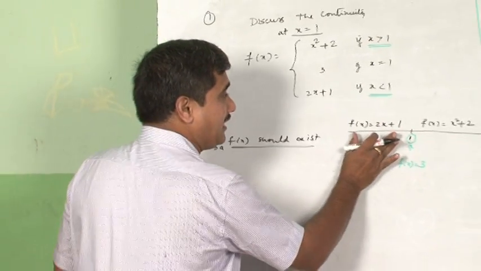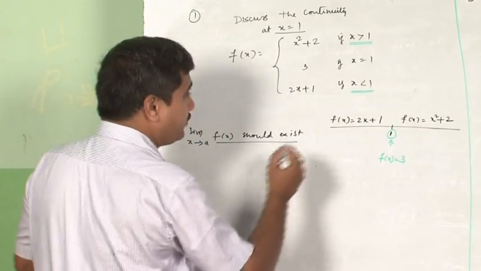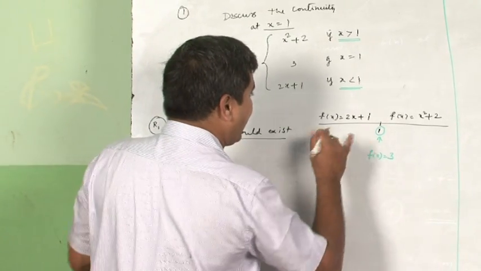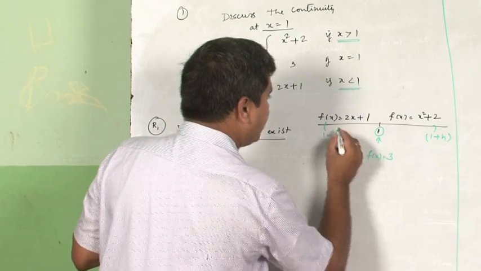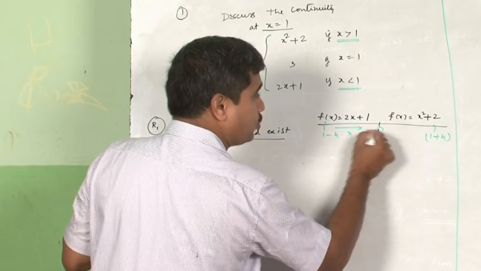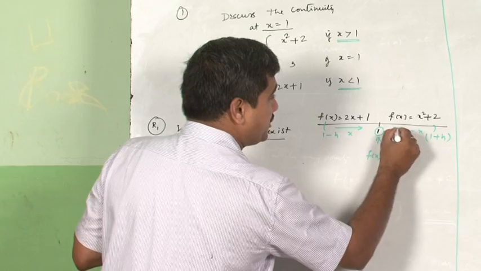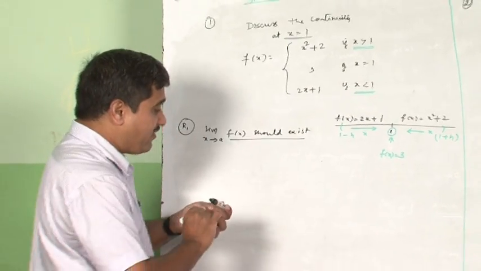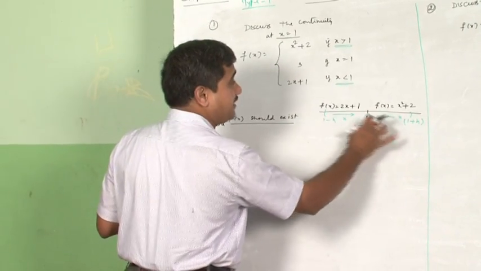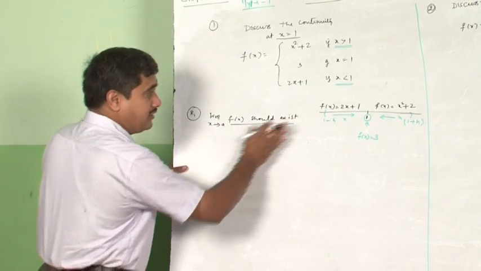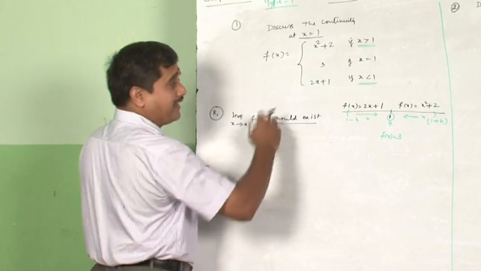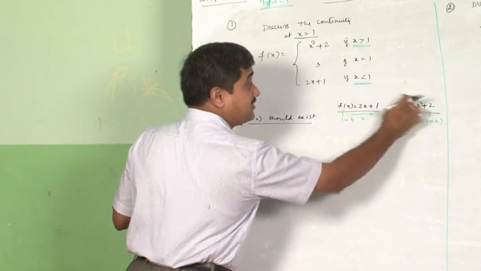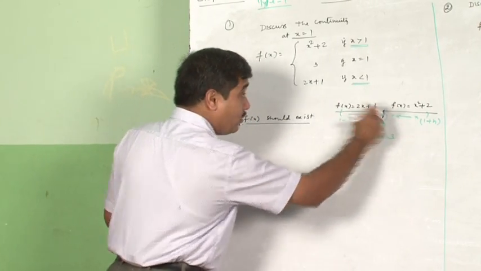If you take this interval from 1 minus h to 1 plus h, when x is approaching 1 from the left side and from the right side, the function's behavior is different. So I am supposed to find out the left limit and right limit because the function is different on both sides of 1.